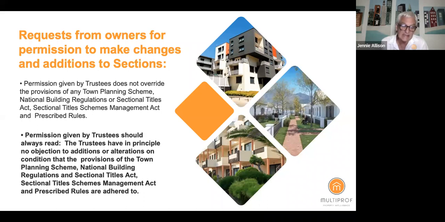And they go ahead and live happily ever after, and they think they have permission. What they don't understand is that permission given by trustees should always read, the trustees have in principle no objection to additions and or alterations on condition that the provisions of the town planning scheme, National Building Regulations, and Sectional Title Act, Sectional Title Management Act, and prescribed rules are adhered to.